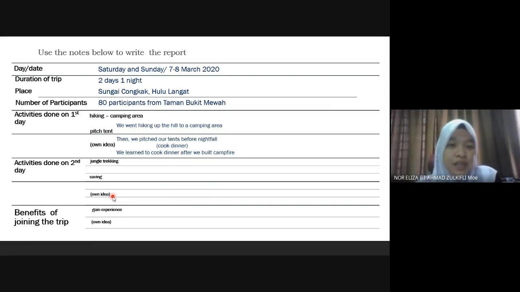What would you be doing besides hiking, pitching your tent, cooking, night walking, jungle trekking, caving, night owl? What else would you do on a camping trip? Come on, if this is the question that comes up for SPM, you really have to give your own idea and there's nobody to help you there.